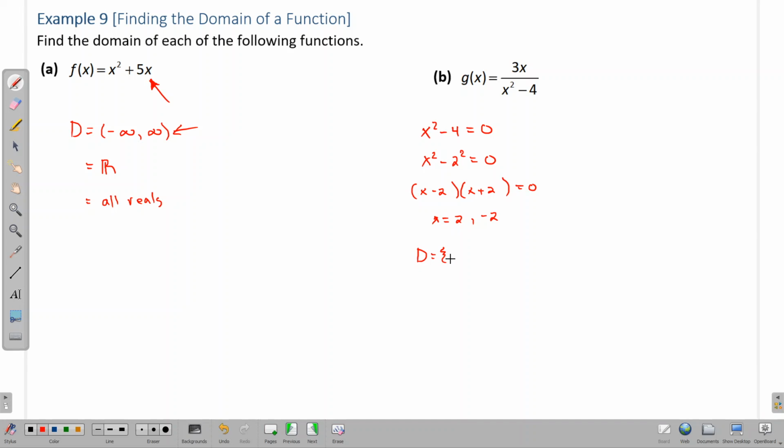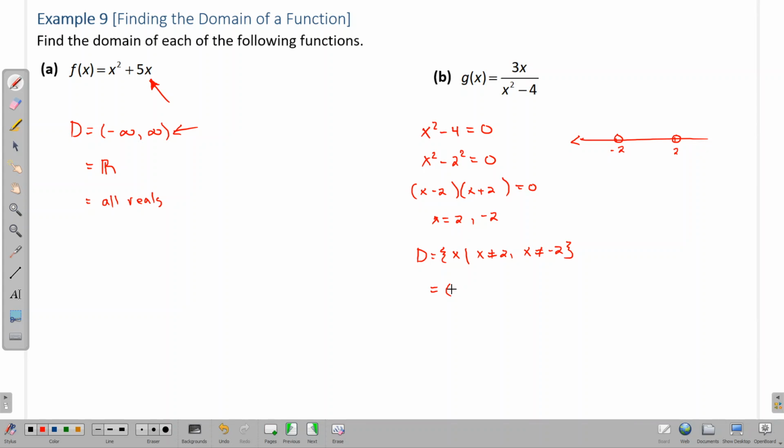Okay, so the domain, we can write this in several ways. We can do this with set builder notation, the set of all x such that x is not equal to 2 and x is not equal to negative 2. Or we can do intervals. So the intervals would be, if you think of a number line, we got negative 2, we got 2 here, and those have to be excluded. So we start from the left and go to the right.